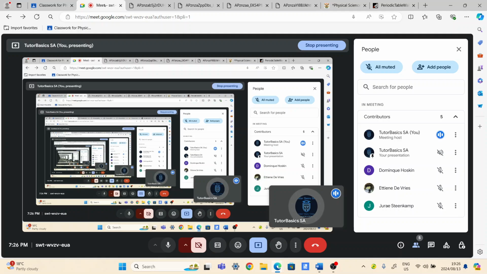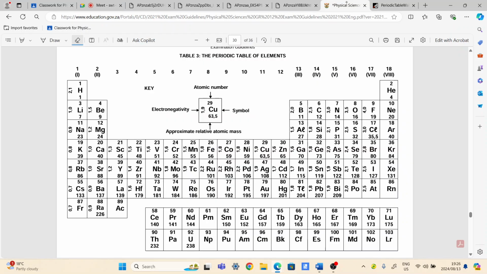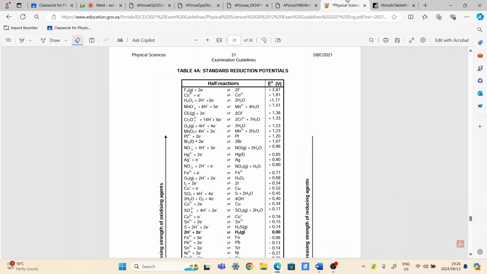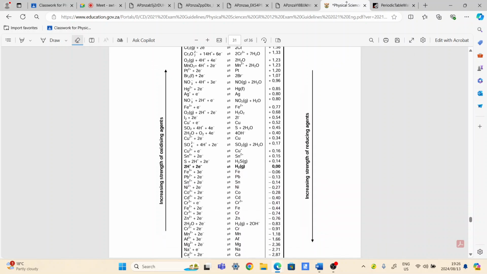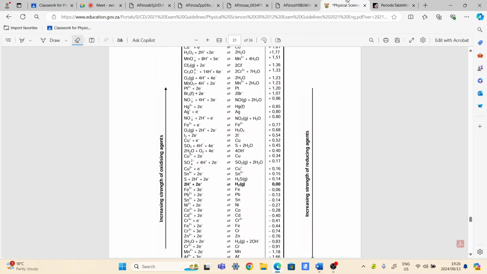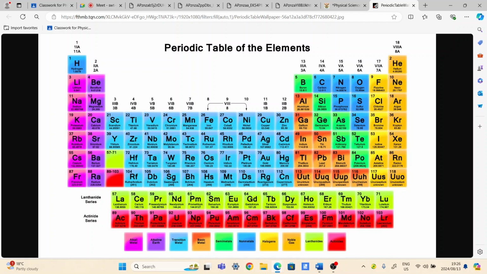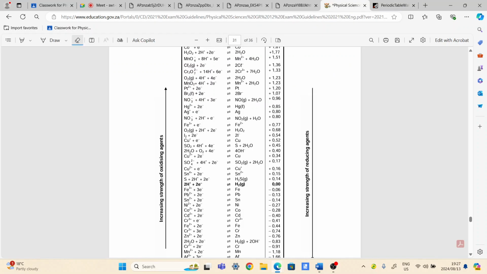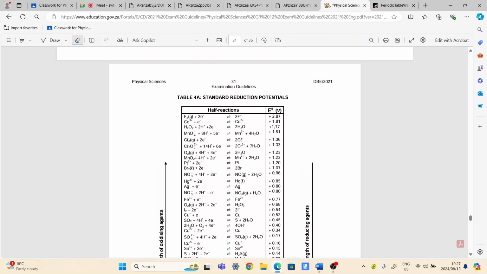So how to read a periodic table, how to read this other table here, this standard reduction potential table. What else is there? There's quite a bit. How to draw graphs, basically just the general basics of how to do certain things, how to draw certain things, how to understand certain things.